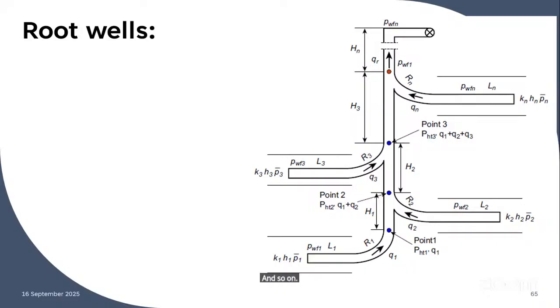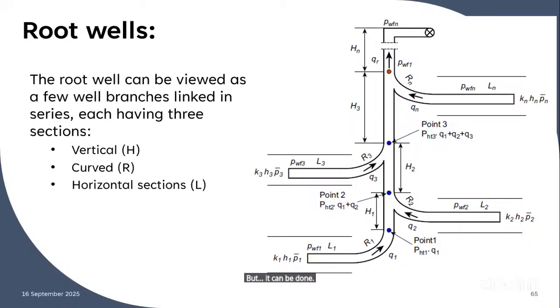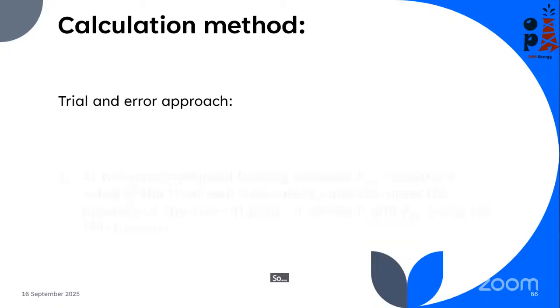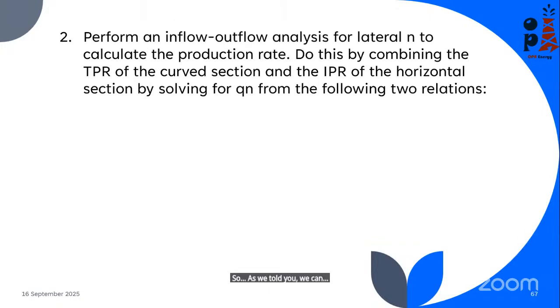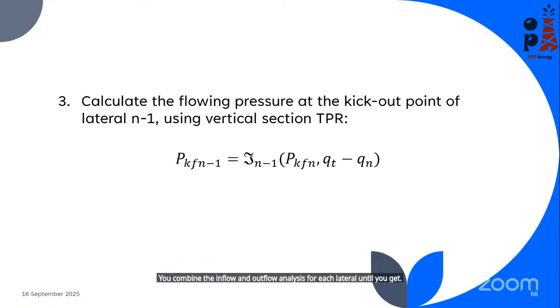So it's time consuming and a little bit complicated, but it can be done with the help of software. As I told you, in the trial and error approach you combine the inflow and outflow analysis for each lateral until you get your answer.